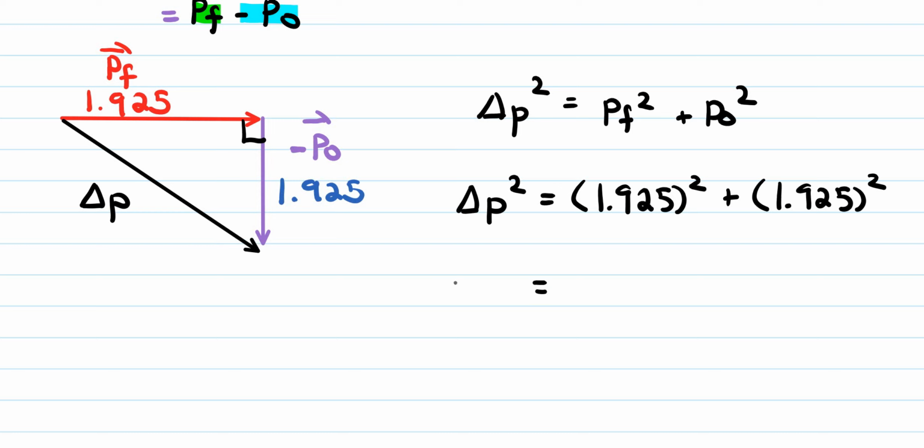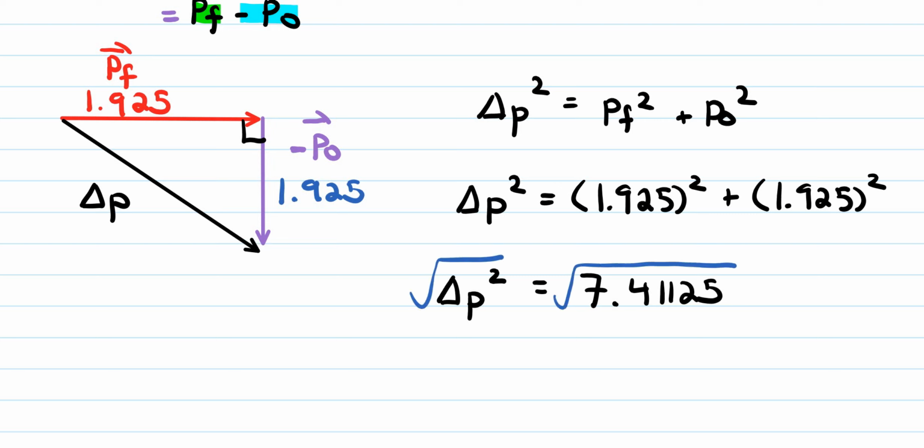Delta p squared is equal to 7.41125, and then we can square root both sides, and the change in momentum is 2.722 kilograms times meters per second.